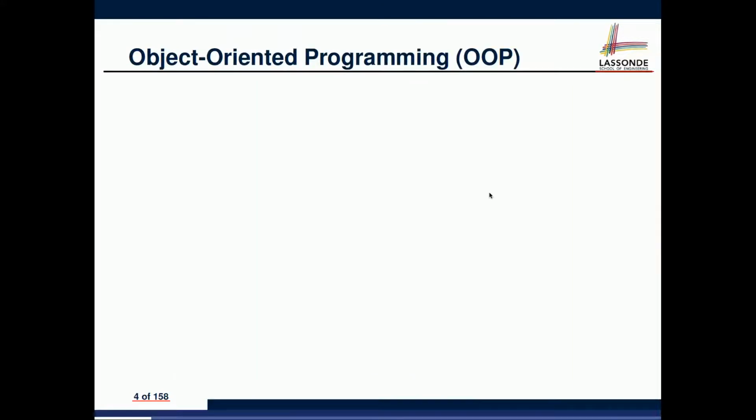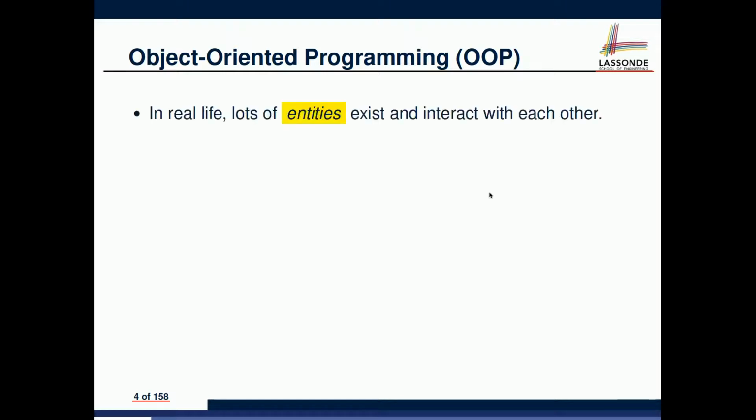Okay, so now let's talk about object-oriented programming very quickly. In real life, we have lots of entities, however, not necessarily every entity is similar in nature. For example, you wouldn't say a two-dimensional point at 2 and 3, the x-coordinate being 2 and y-coordinate being 3, is of the same kind as Jim, who is a person, right?